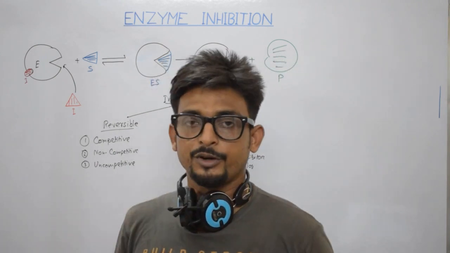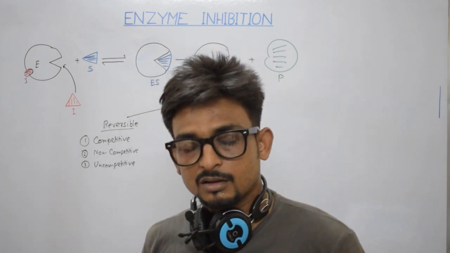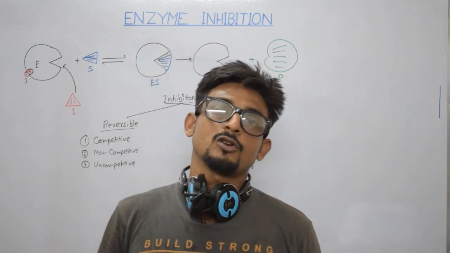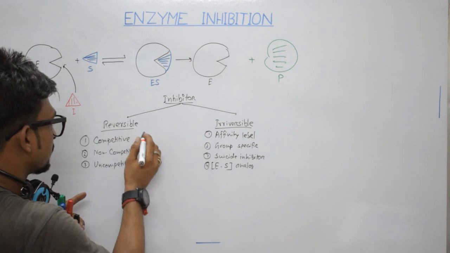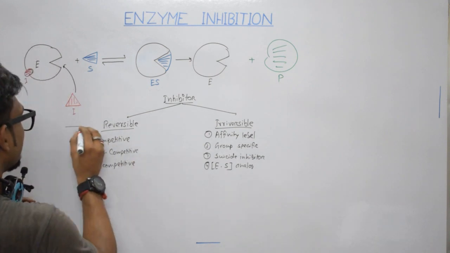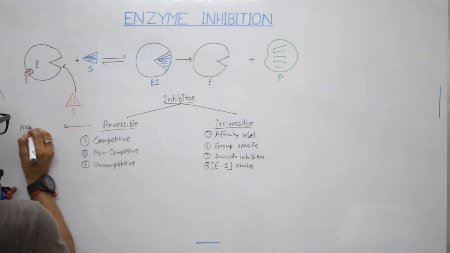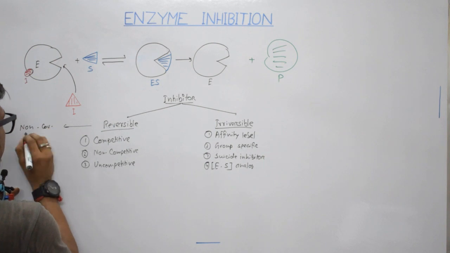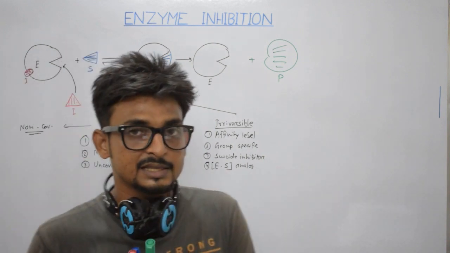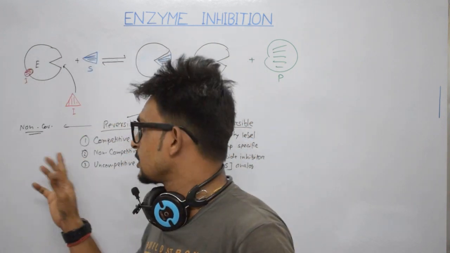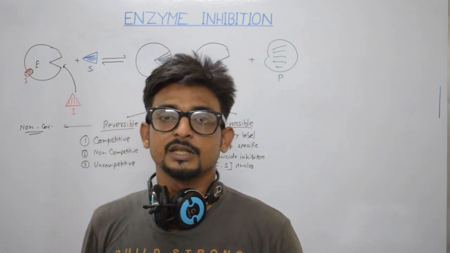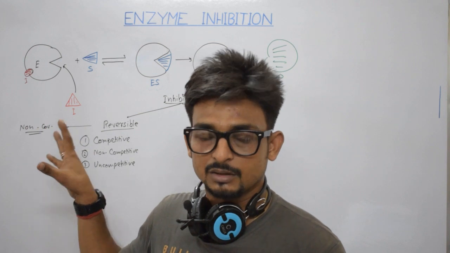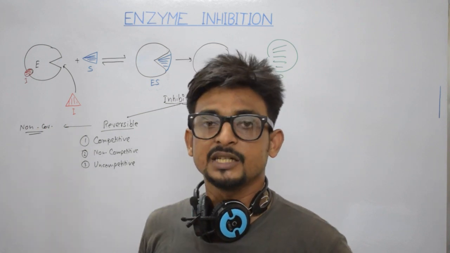This kind of bonding is done by non-covalent interaction. So in case of reversible, we can see non-covalent interaction between the enzyme and the inhibitor. So it is not that much stronger in nature. We can easily dissociate the inhibitor from the enzyme by dilution.